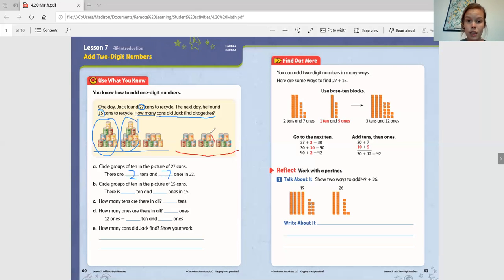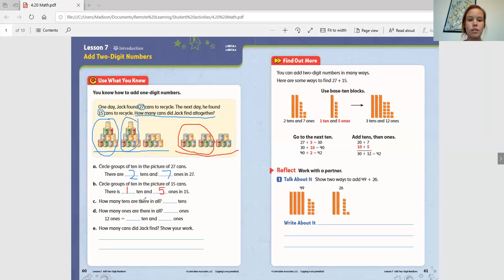There I get to 10, so I circle everything I just counted. Now let's see how many I have left over. 1, 2, 3, 4, 5. Not enough to circle yet. So I circled one group of 10, and then there were 5 ones. So the number 15 has 1 ten and 5 ones in it.